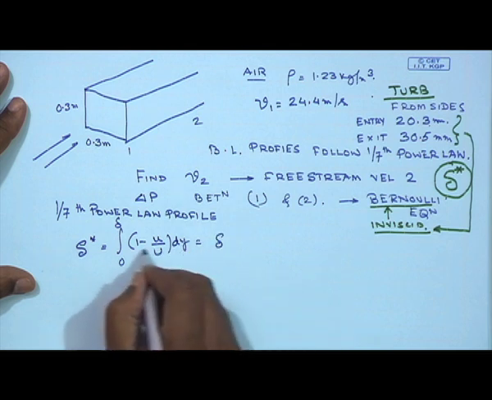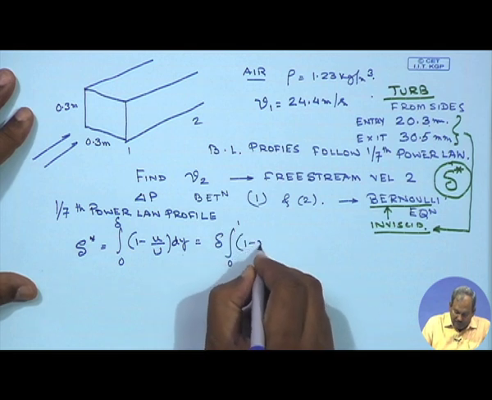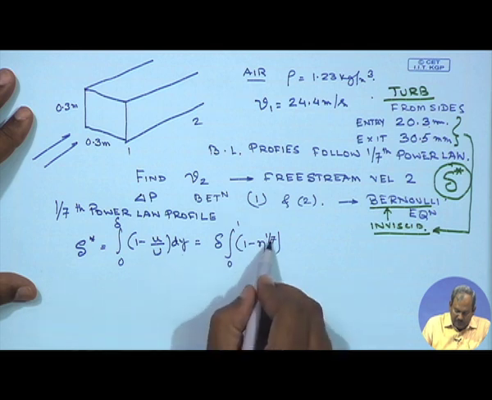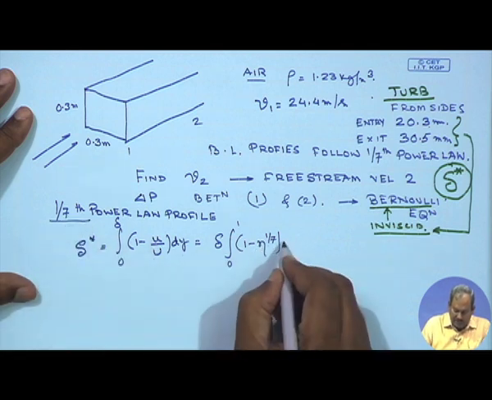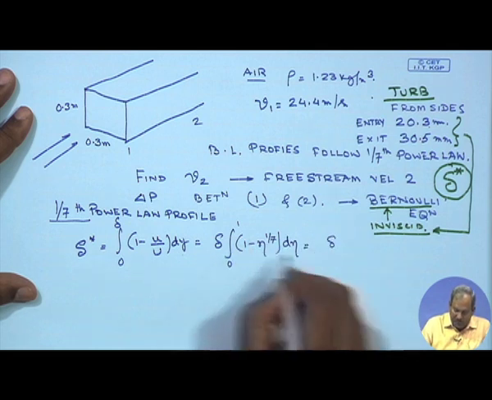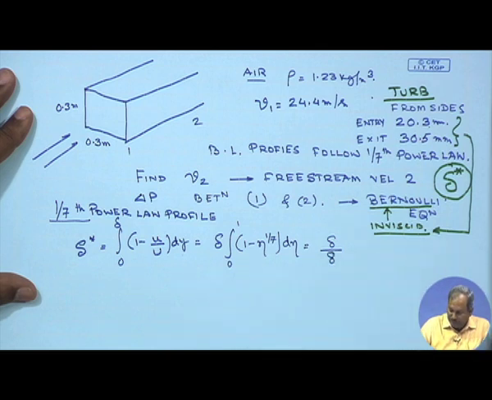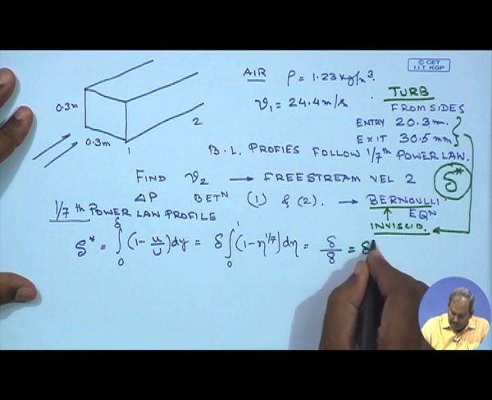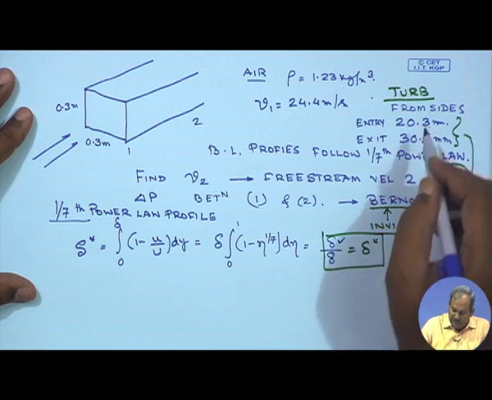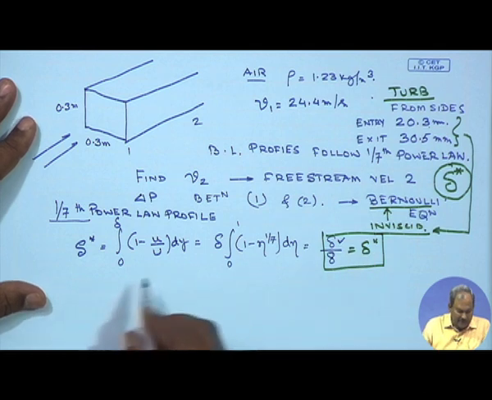If I take delta outside, it becomes integral from 0 to 1 of (1 minus eta to the power 1/7), because u by U is eta to the power 1/7, since it is a 1/7 power law, as I have mentioned before. If you perform this integration, you would see that delta star is going to be equal to delta by 8. Okay. You know the values of delta at these 2 points. So, you know the values of delta star at these points.